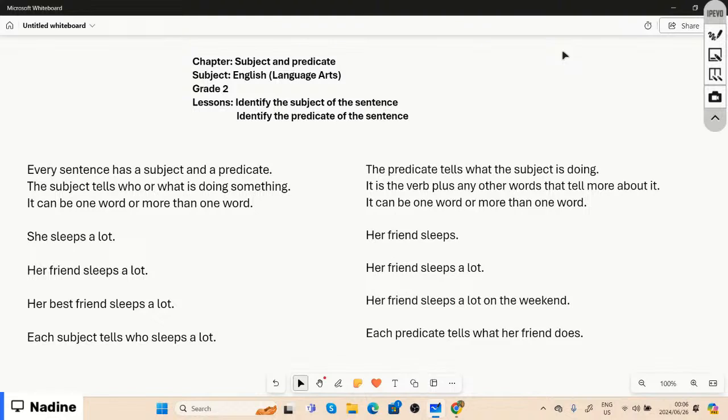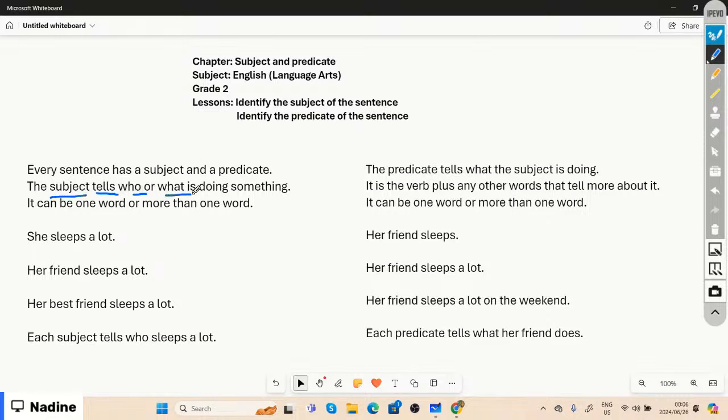A subject tells us who or what is doing something. That is a subject. It tells us who is doing something or what is doing something, right? And a subject can either be one word or more than one word.